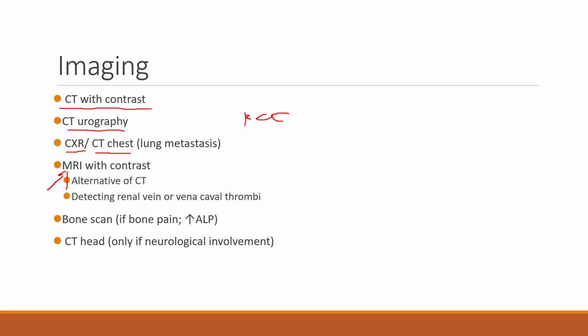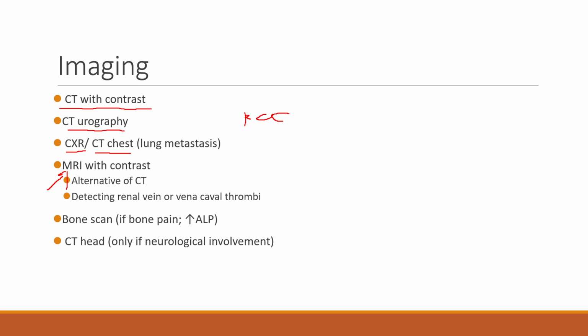The platelets may increase because there's a paraneoplastic stimulation of bone marrow activity, or as a result of systemic inflammation, and you may also find hypercalcemia. But that is also caused by the paraneoplastic symptoms, or by lytic bone metastasis.